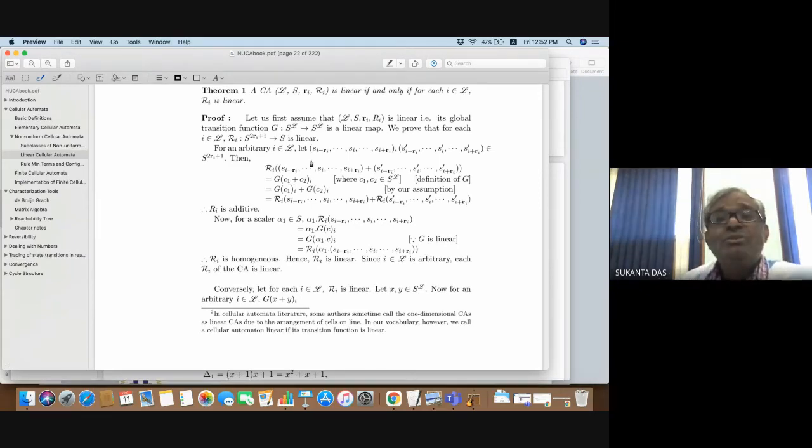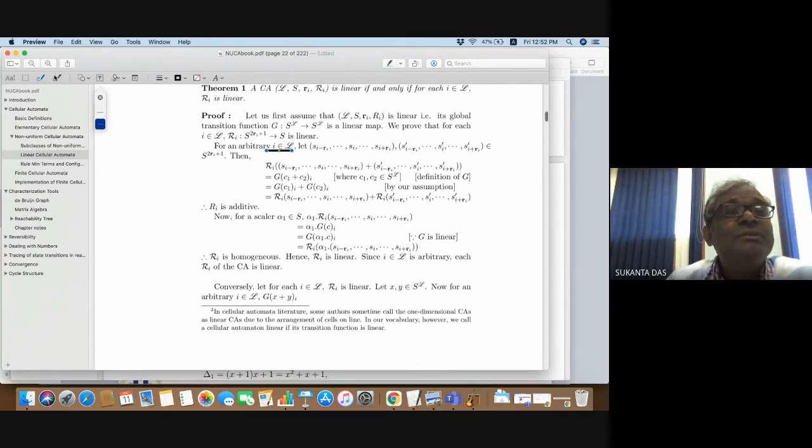See here, although in this proof I have used just Ri, the meaning is similar. So for arbitrary i, I have taken these two neighborhood configurations.